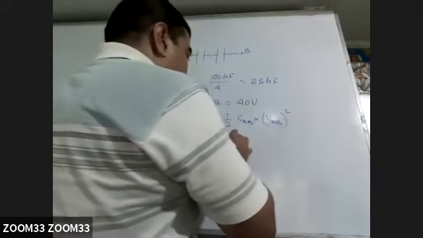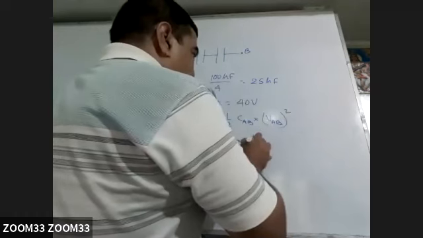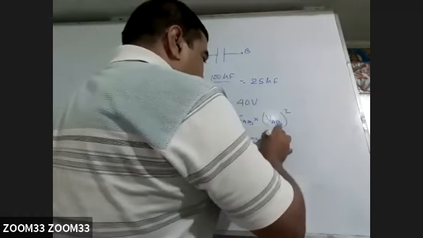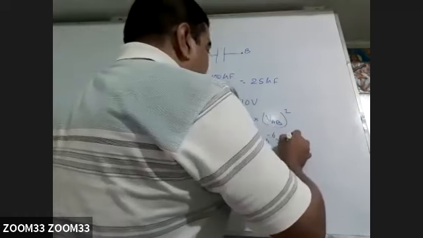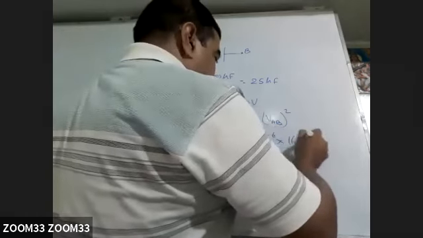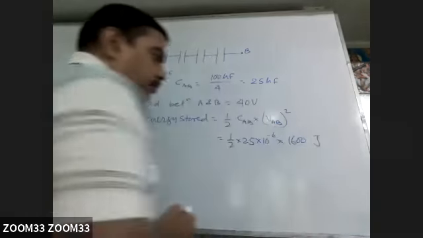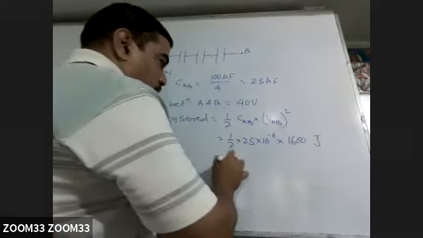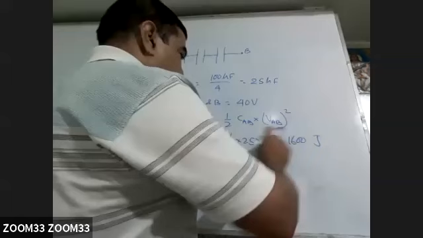So that is half into 25 microfarad, and this one will become 1600 joule. 40 square. 25 into 1600 by 2, that is 200.